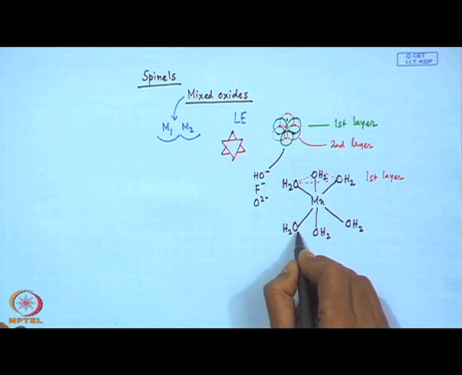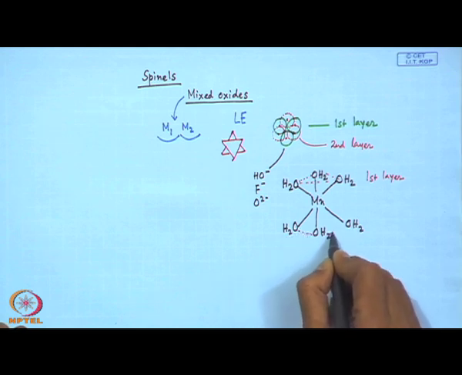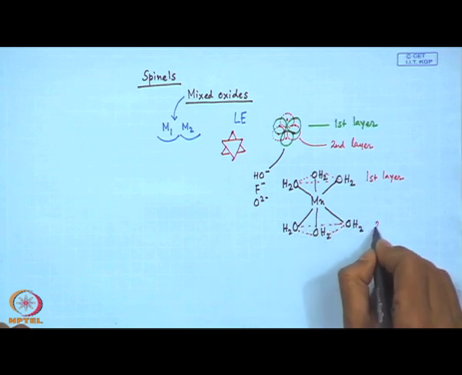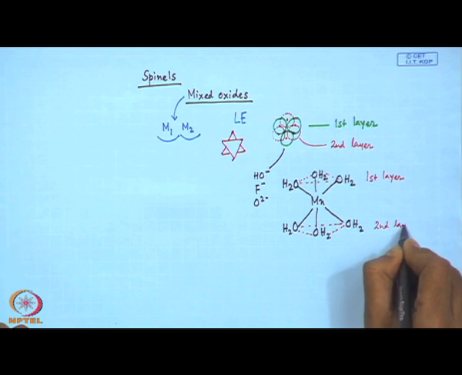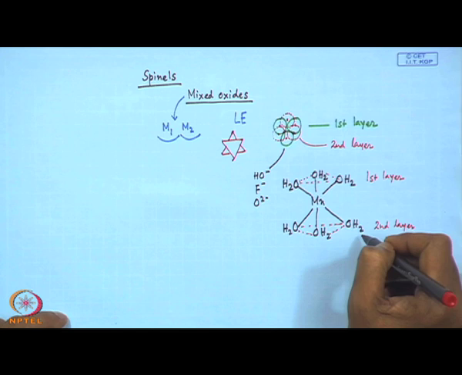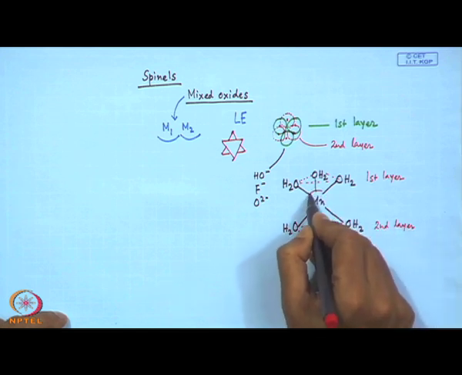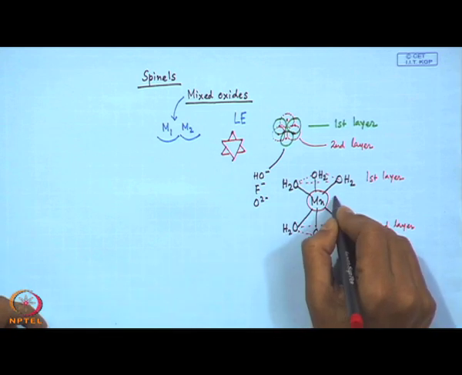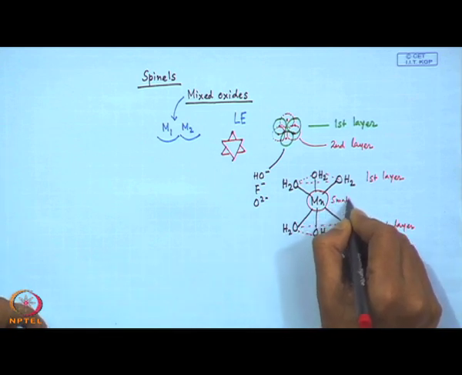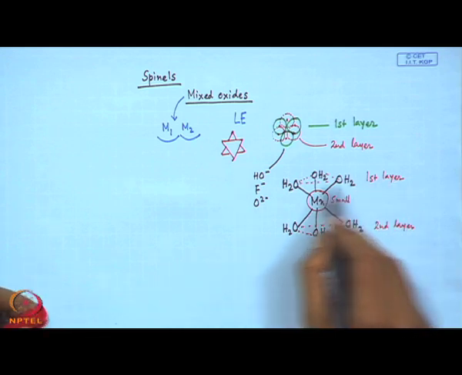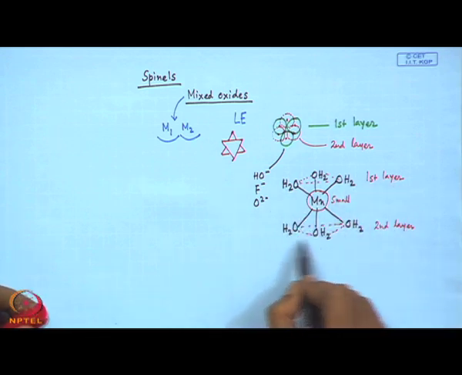and these 3 are also forming another layer, which is our second layer. So, if these 2 layers are sandwiching a particular small sphere, which is small in size, that means we have a sandwich structure of one layer and second layer.